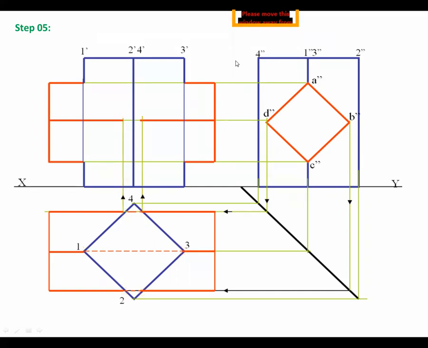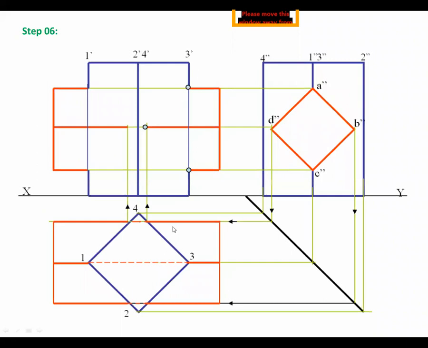Likewise, take all the points from the top view towards the front view. Now, see this point I have taken from here straight towards this, because we have to match the projections from the side view also and the projections from the top view also.